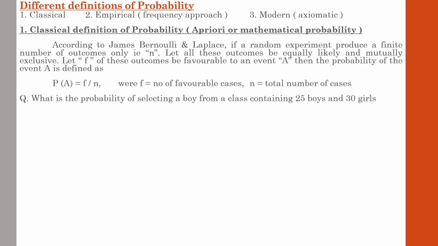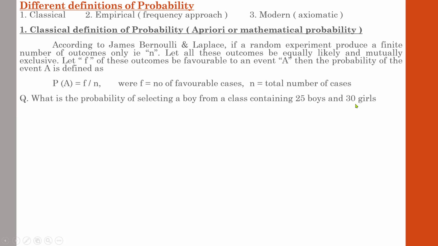How many boys are there? There are 25 boys, so the chance of getting a boy means 25 cases. So in that class there are 25 boys, so the favorable number of cases is 25, and for the total number of cases, how many students are there?